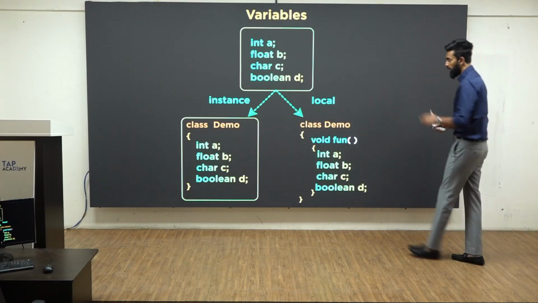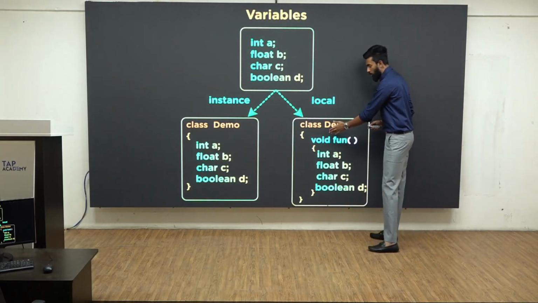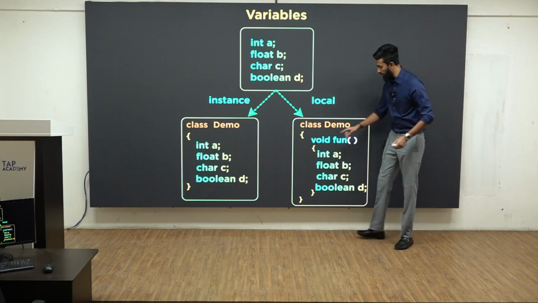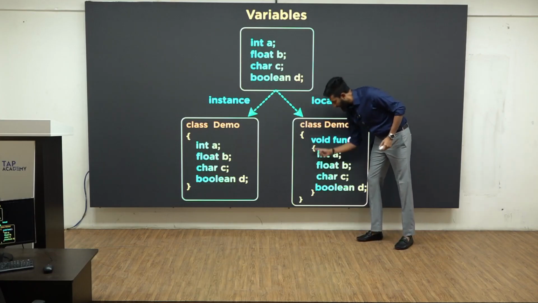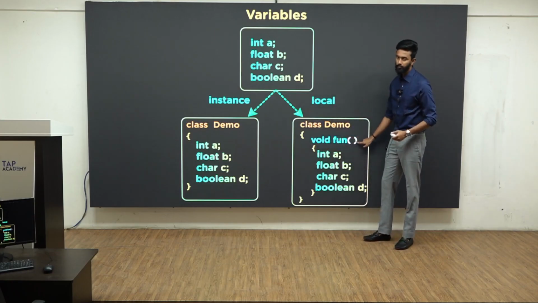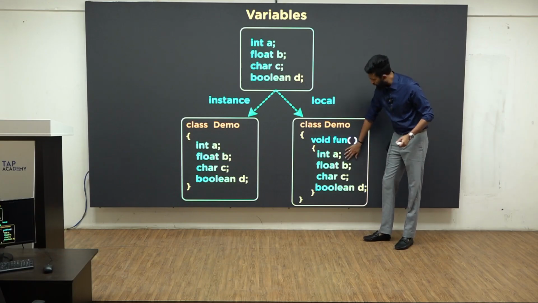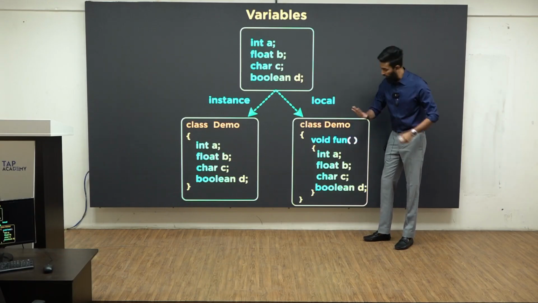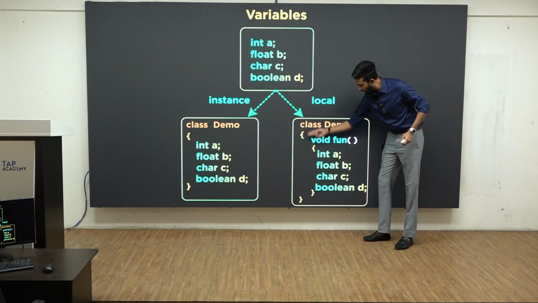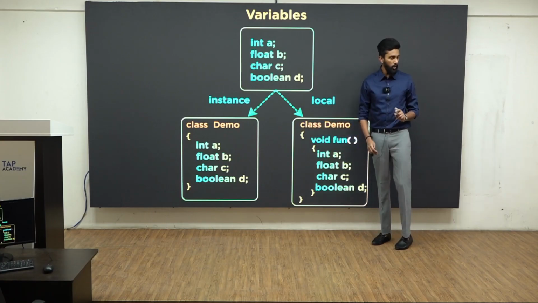Okay, now listen to me. Now if you ask me instance or local, I will tell local, because local variables are variables which are created directly inside a method or a function. Every function will be inside a class, I agree. But tell me first, is it inside class directly or method directly? Method directly. Understood?